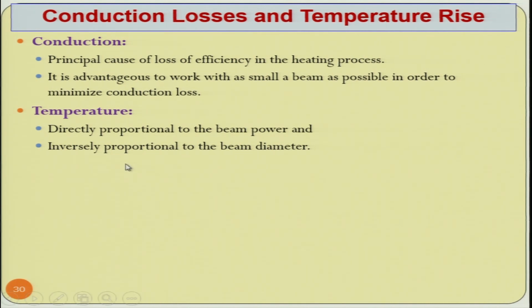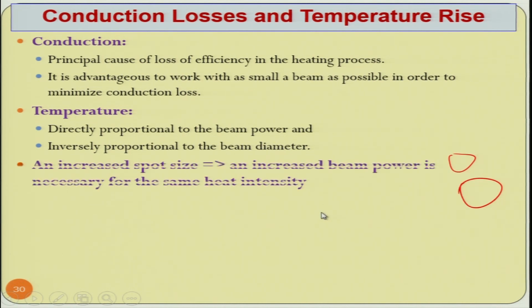It is inversely proportional to the beam diameter. If the diameter of the beam is larger and power remains the same, then the temperature will be different, because with a larger diameter, the energy will get distributed in a larger area and you will get a lower temperature as compared to the smaller beam diameter.